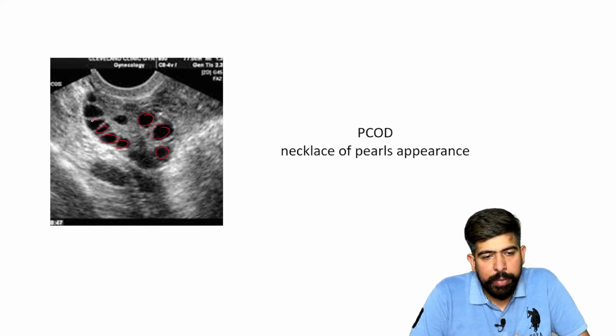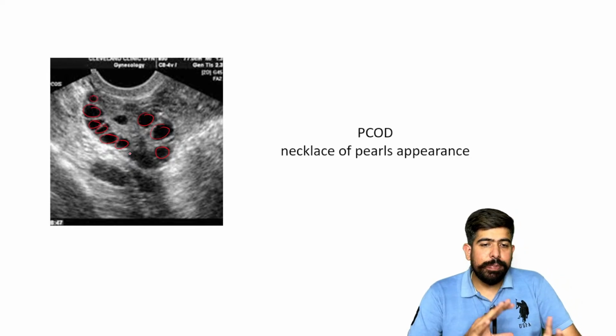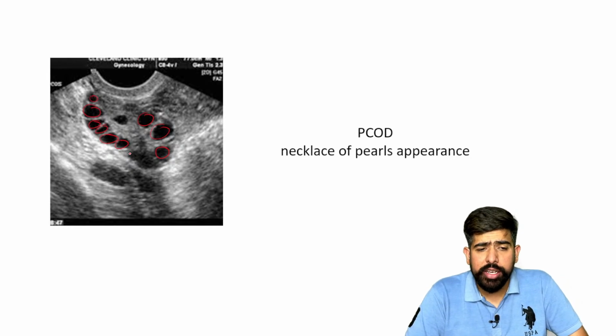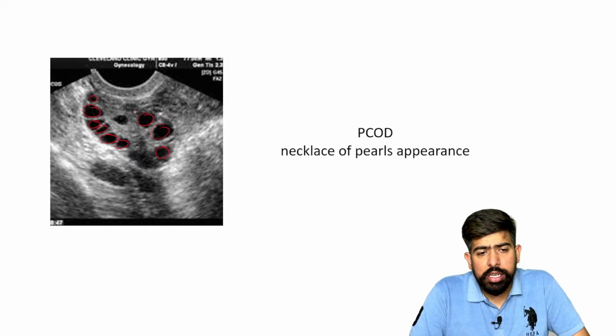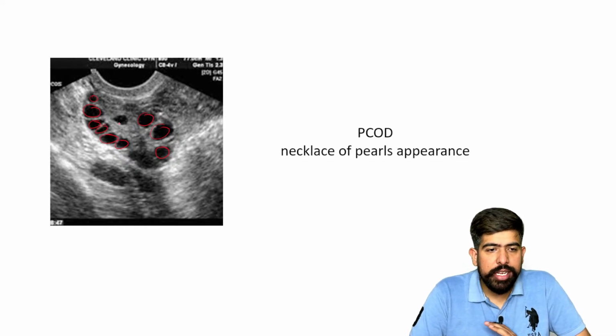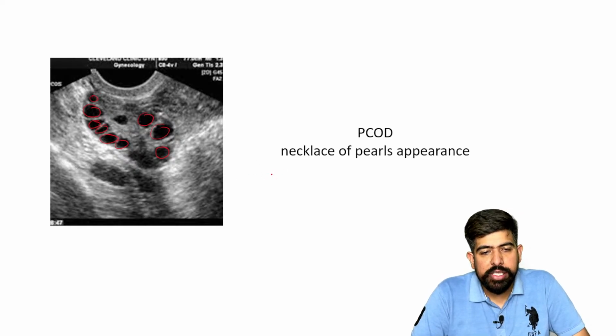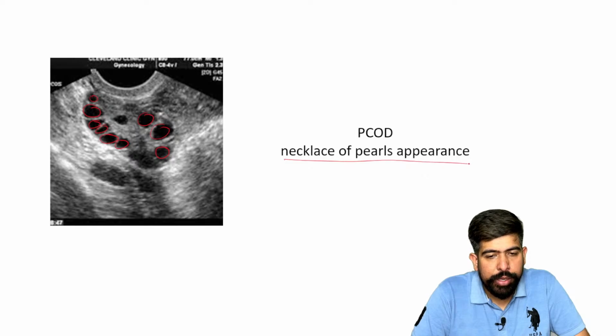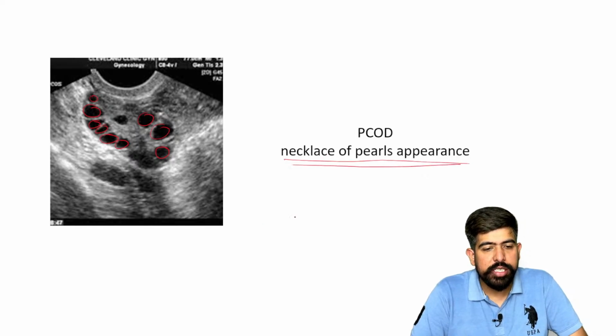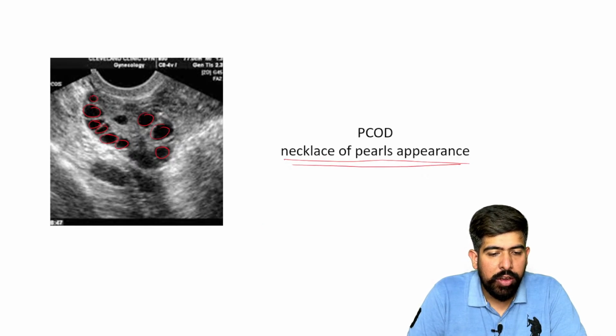Multiple follicles are enlarged, and these enlarged follicles are arranged in the periphery. This gives me the appearance of a necklace of pearls.